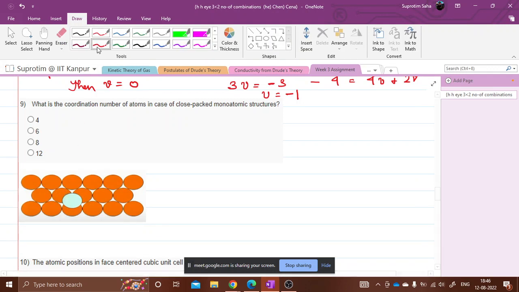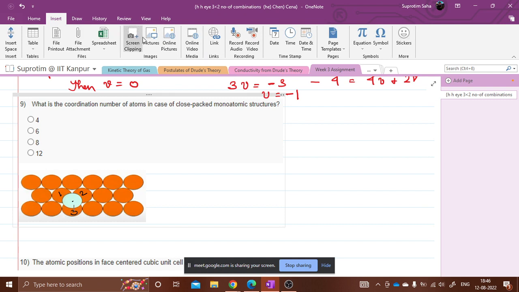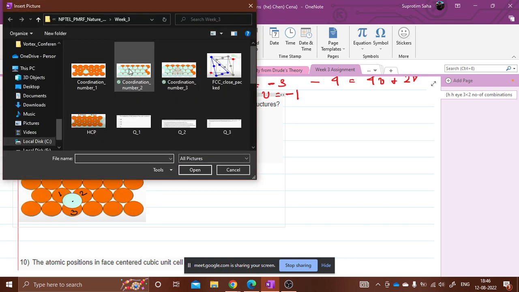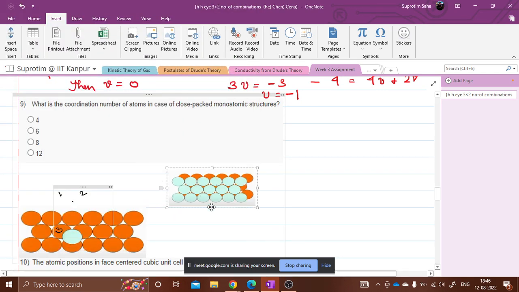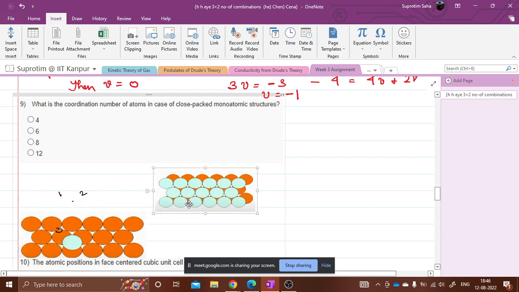So that would be your 1, that is 2, and that is 3. So I am talking about this, right? Now starting another, the second layer, that would be given by this, right?